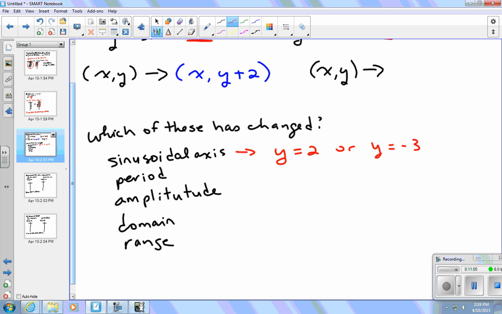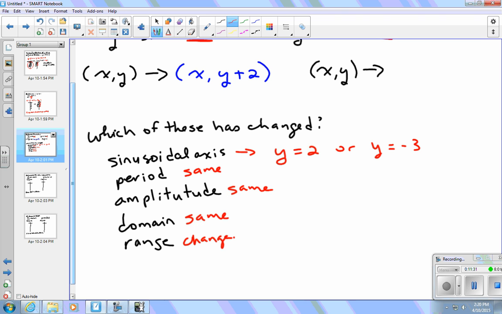The period stayed the same. The actual amplitude of the function stayed the same as well. Those curves still have an amplitude of 1 because it only goes up and down 1 unit from the sinusoidal axis. The domain also stayed the same. All real numbers are valid for x. However, the range did change.